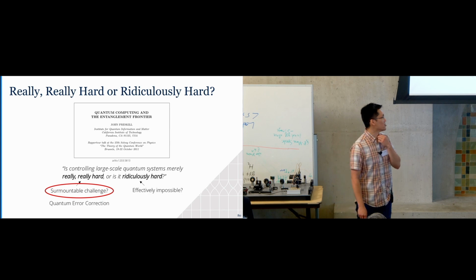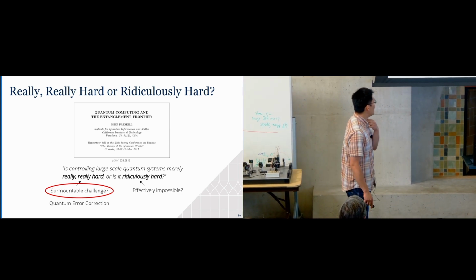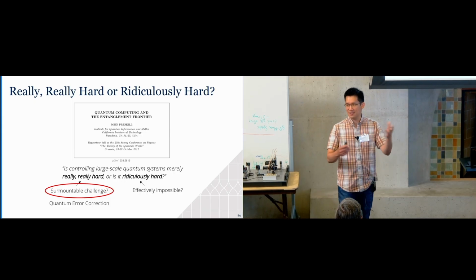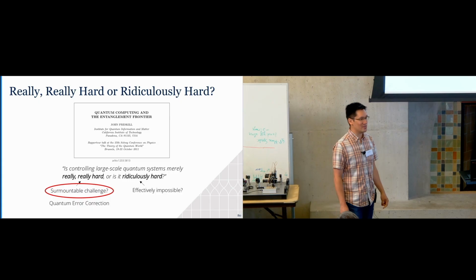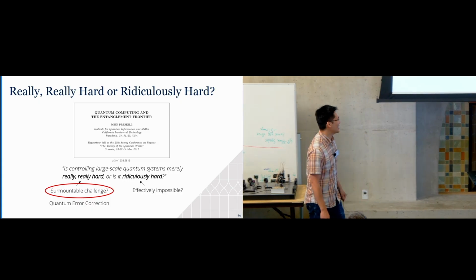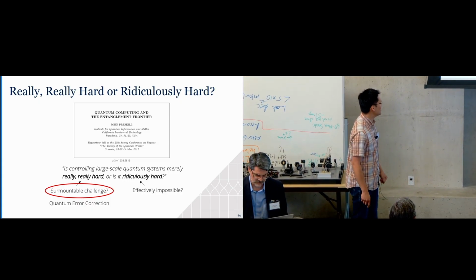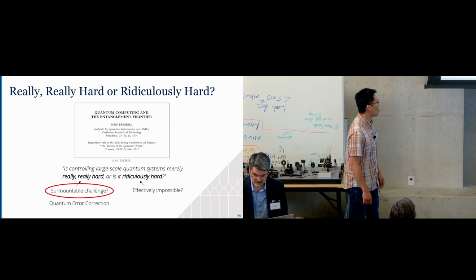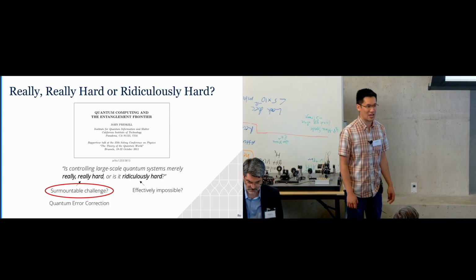If the errors build up and there's no way to fix them, then how are you going to do a computation well and get meaningful results out of it? It turns out that because of the discovery of quantum error correction, there are ways to fix the errors as long as the errors are low enough.